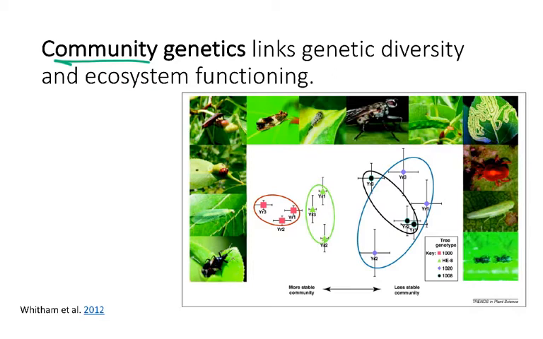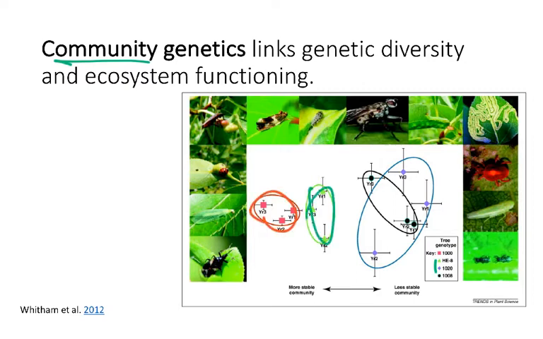So in this image, the interpretation is similar to a PCA. Here the different colors represent different genotypes of plants. And what we can see is that these different genotypes of plants actually lead to a different variety of arthropods on the plants. That's what's indicated here by the clustering of these different samples.